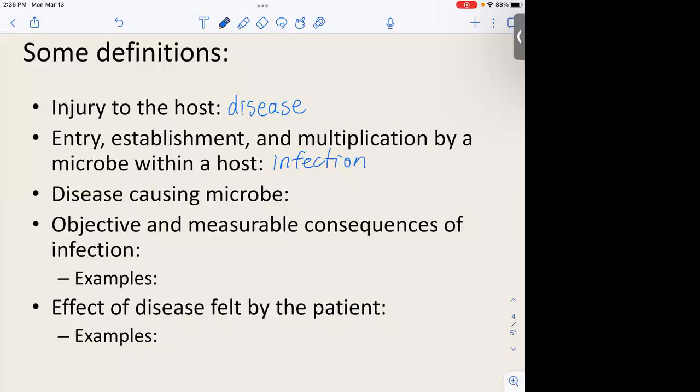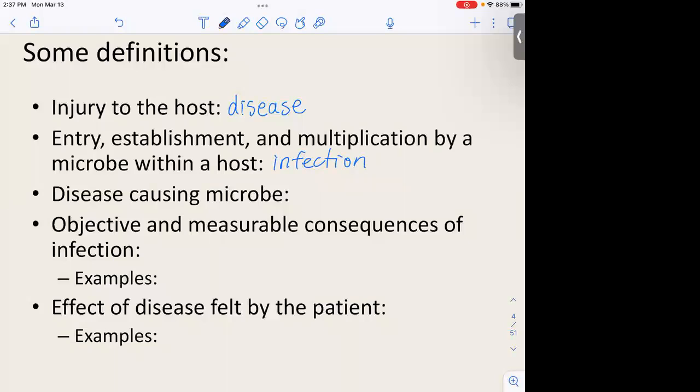Okay, so an infection doesn't necessarily cause disease. It doesn't necessarily cause damage to the host. It could be asymptomatic for a short period of time or a long period of time. Like our normal microbiota, sometimes you could think about that as an infection, but we don't usually call it that because it's the normal state of things.